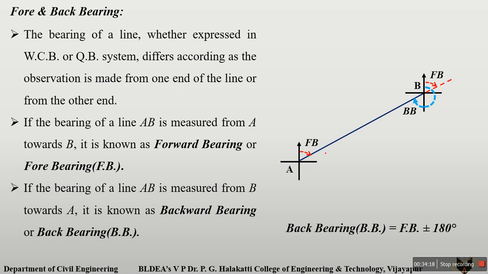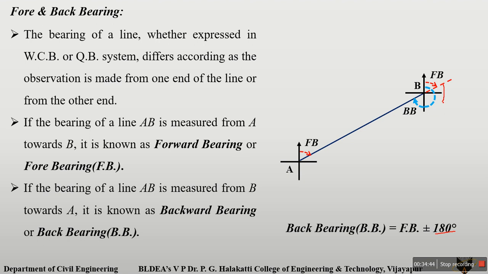So just observe here why it is 180 degree. This is our AB line. If the AB line is extended like this, this bearing and this bearing are both the same.